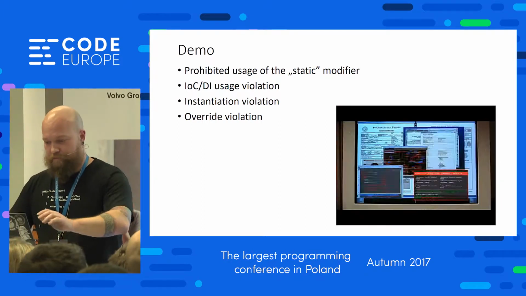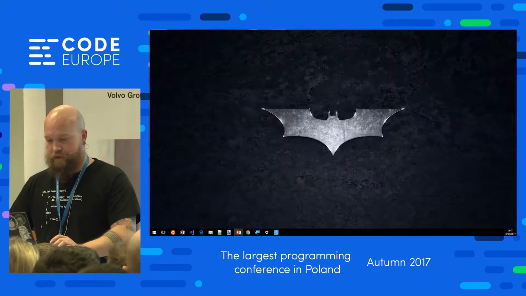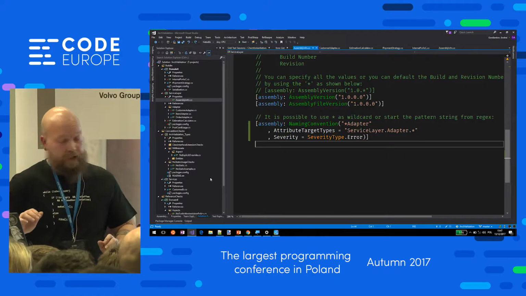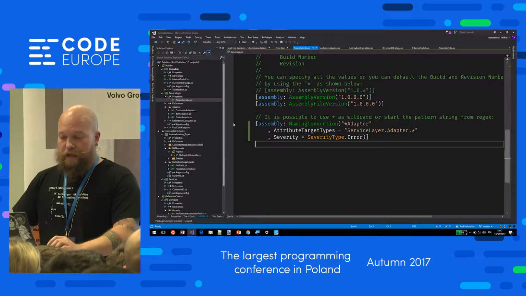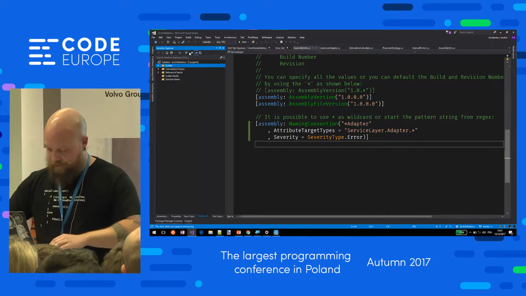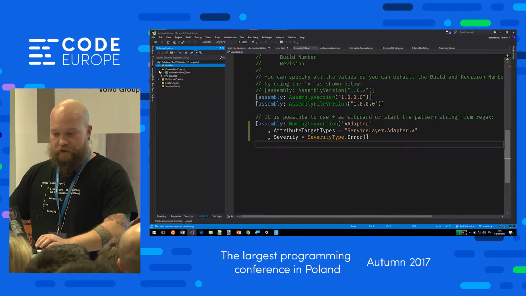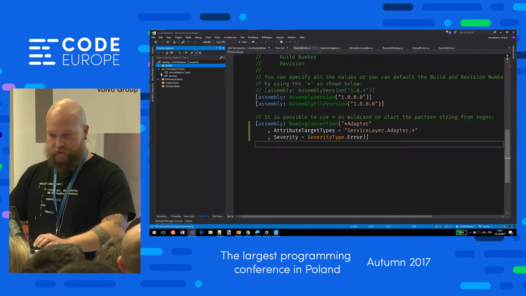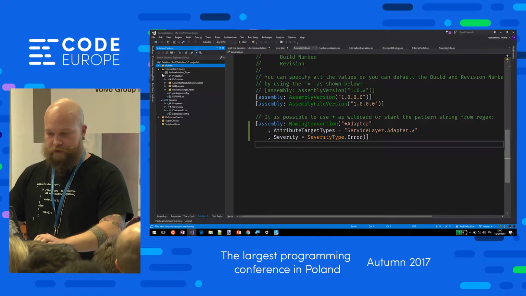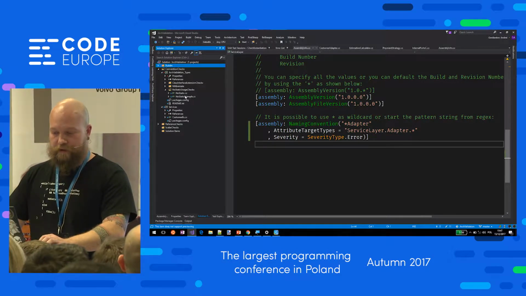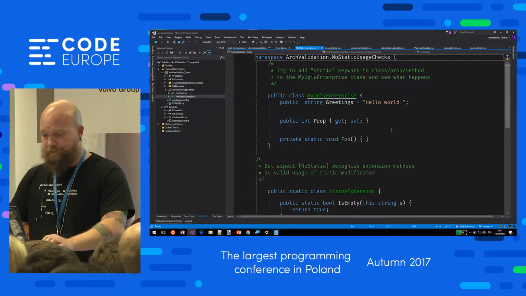So, back into code. I believe it will switch automatically. Yes, nicely. And, okay, I have to check my notes. So, conventional checks, I believe it should be somewhere here. Yes. No static usages, and some example.